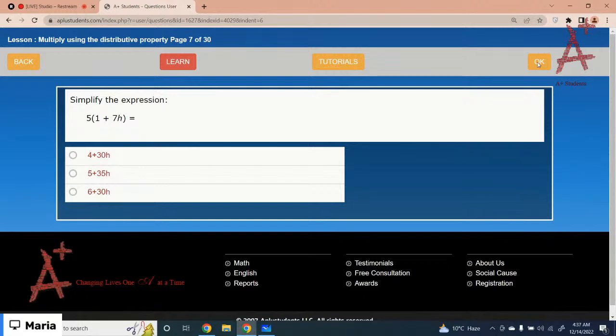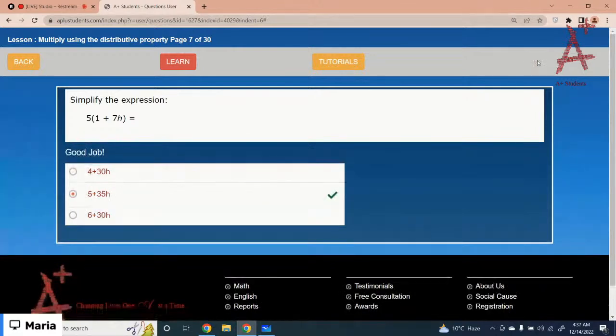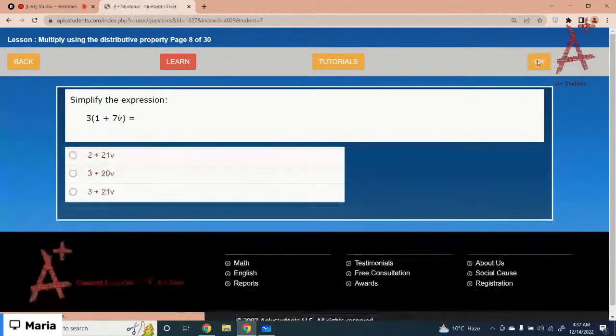Got it? So the correct option is 5 plus 35h. The second one is the correct option, isn't it? Very good. That would be 5 plus 35h. So just select the correct option and click on the OK button.